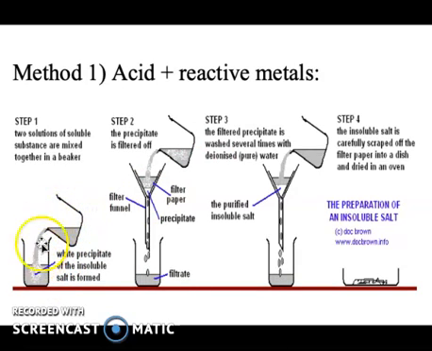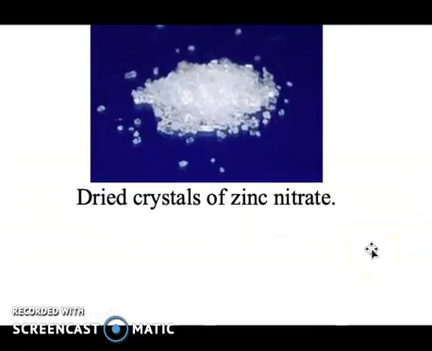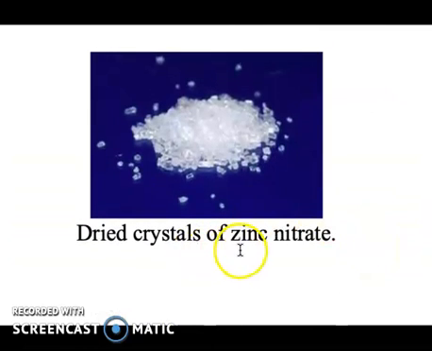They are both mixed and these are the salts which are present here. Then they are again washed with water and then dried in an oven, and then we get dry crystals of zinc nitrate. Now you got how we get the crystals or the salts which are not soluble in water or any solution. Let us proceed to our second method.